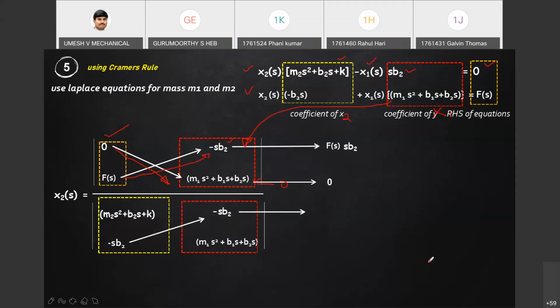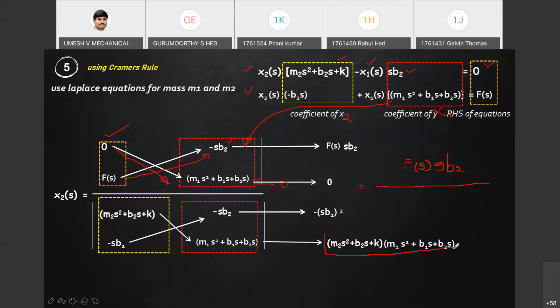So that again minus, it should be minus s b2, is 2 multiplied, then s2, here in the denominator, center, this is minus s b2.